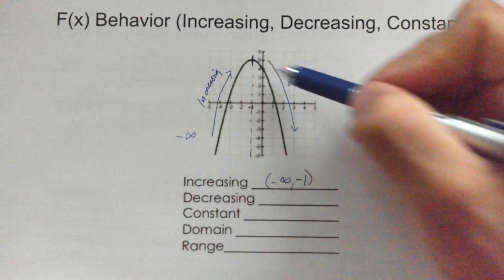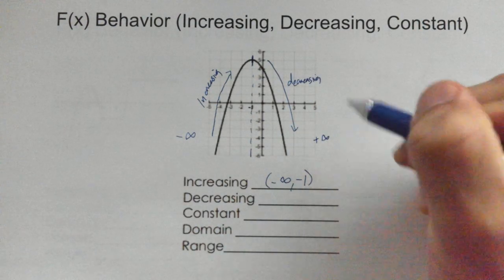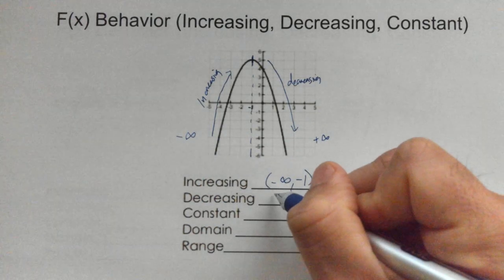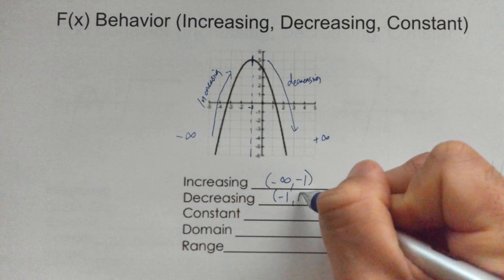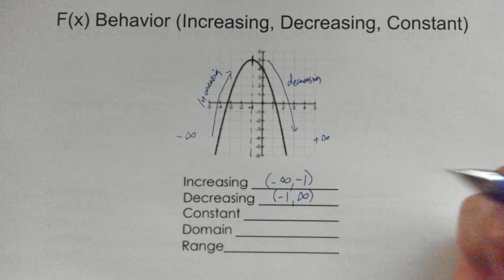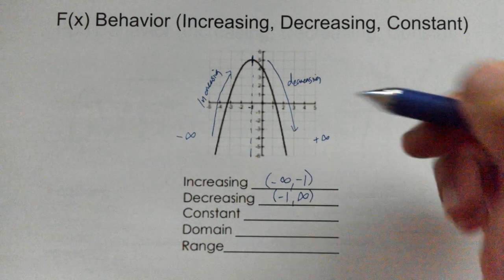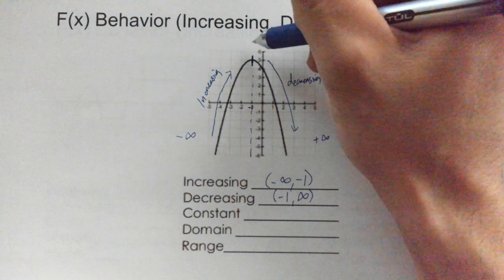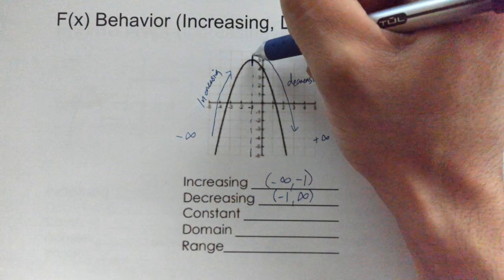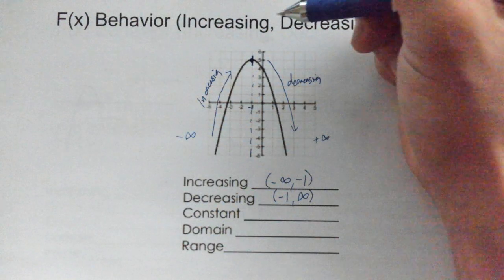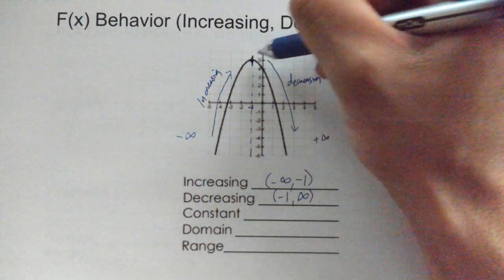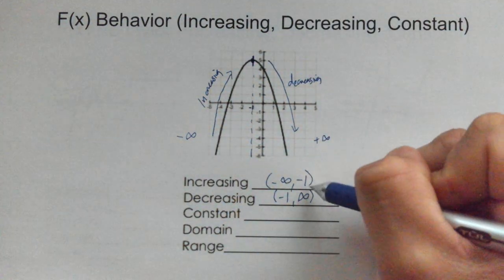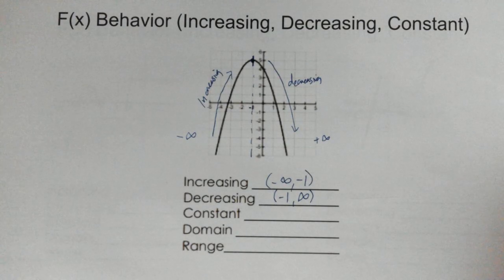And then from 1 to positive infinity, from left to right, the function is going down. It's decreasing. Notice how at 1, it's neither increasing or decreasing. If you have a location where it's part of going up and part of going down, we're going to use the parentheses to denote the location.